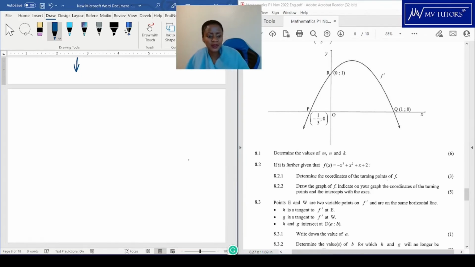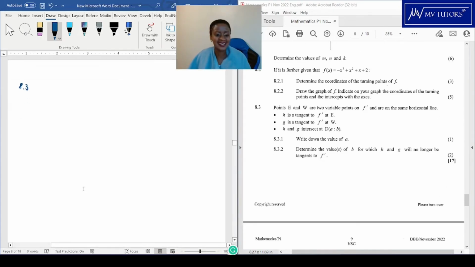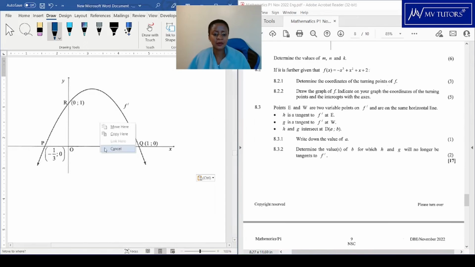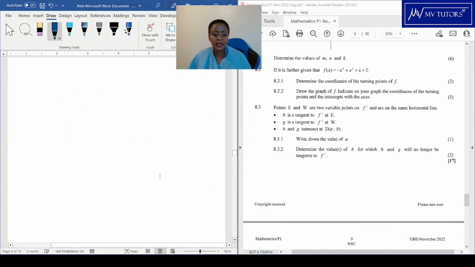Now 8.3. Guys, to be honest, I'm seeing these questions for the first time, so you can see what I prepared at all. Okay, points E and W are two variable points on f prime, so basically on our parabola, right? Remember this parabola that we have over here? Yes, that one. Okay.